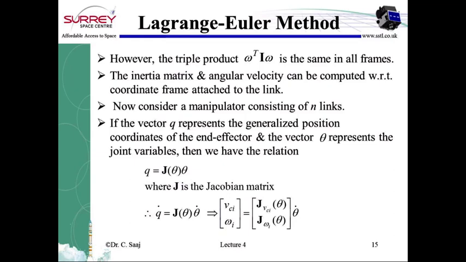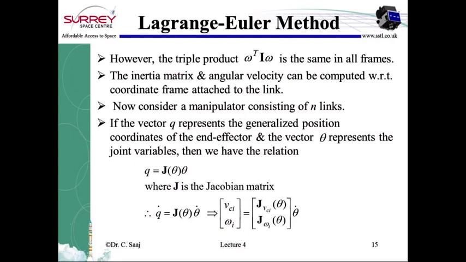The inertia matrix and the angular velocity can thus be computed with respect to the coordinate frame that is attached to the corresponding link. So let's take a general case where we have a manipulator with, say, n degrees of freedom, or in other words, n links.